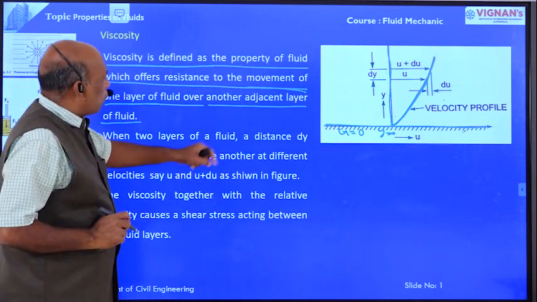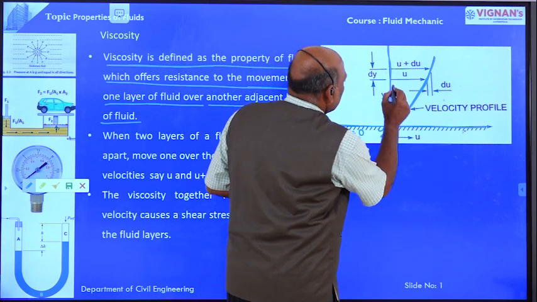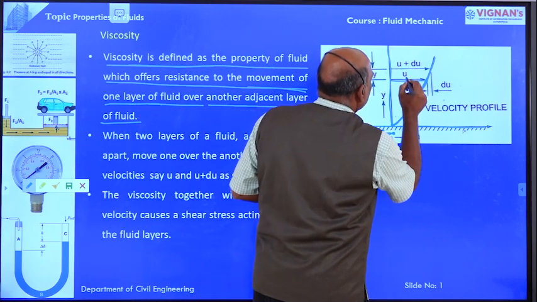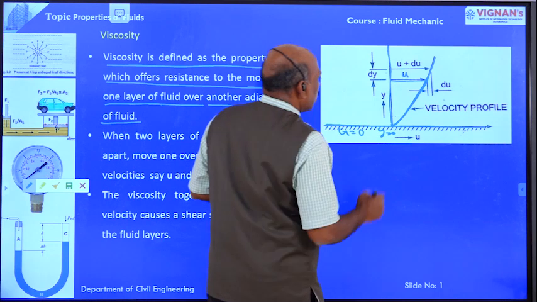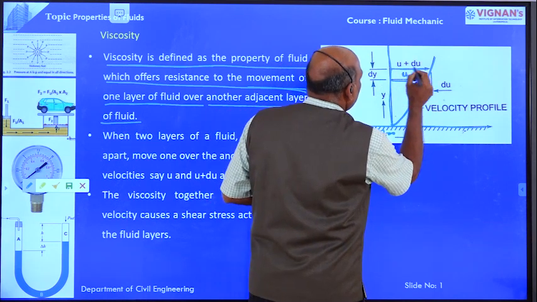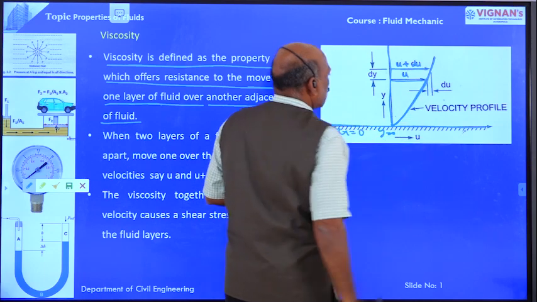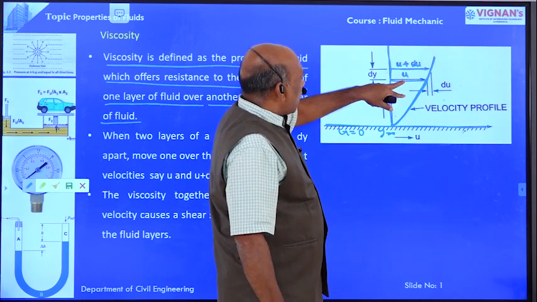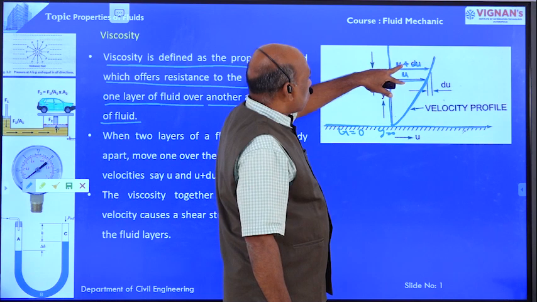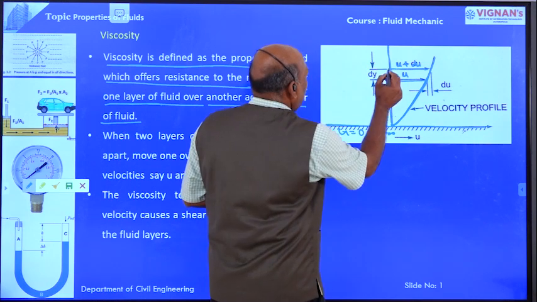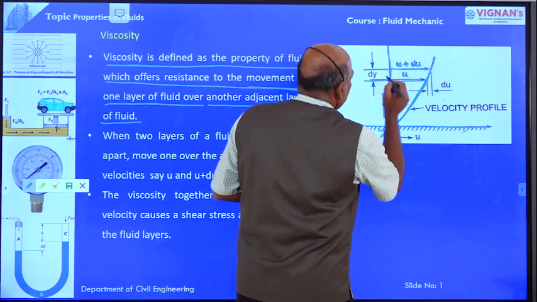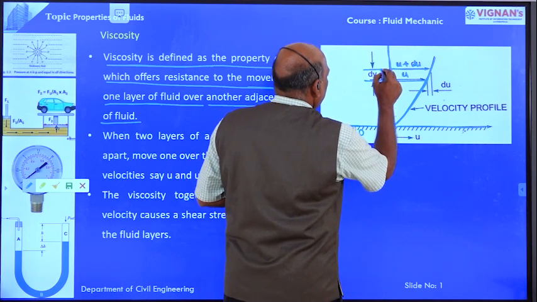When two layers of fluid, here this is one layer of fluid, the velocity is u. This is another layer of fluid, the velocity is u plus du, right? The two layers are at a distance dy apart.